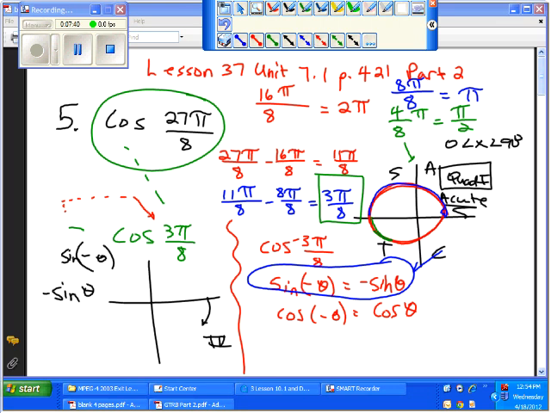And then we talked about the cosine. If we write cosine negative theta, that really means to go clockwise, which puts us in quadrant 4. And in quadrant 4, cosine is positive. So sine negative theta is the negative of sine theta, and cosine negative theta is the positive of cosine theta. So again, that's where it came from.